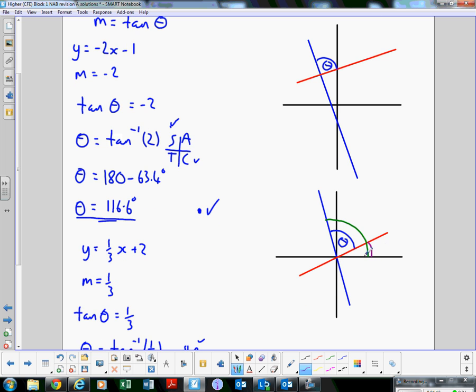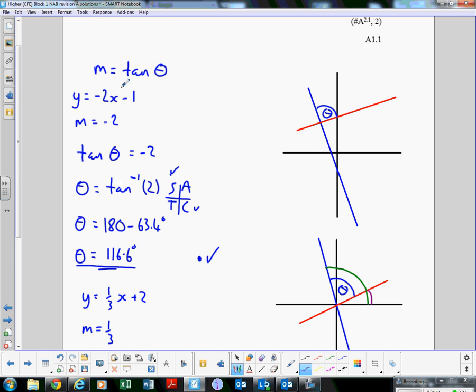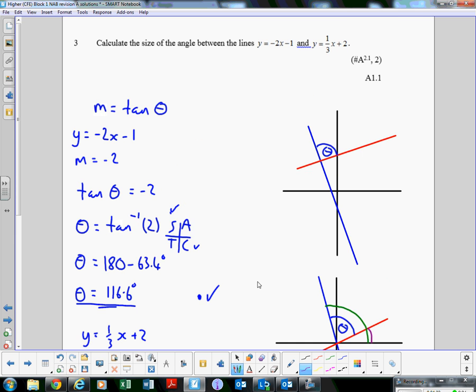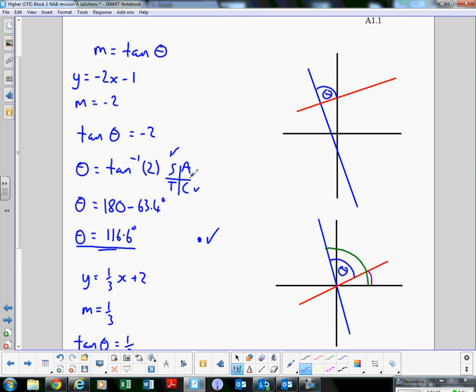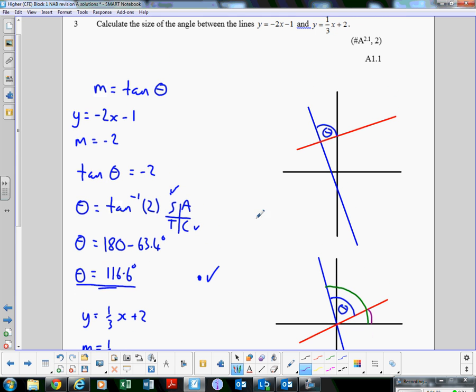So to get this angle here, we're going to use the fact that m equals tan theta, where theta is the angle between the line and the positive direction of the x-axis. So we have a gradient of -2, so tan theta equals -2. A little bit of ASTC practice here. So we ignore the negative sign. We do tan to the -1 of 2, which is 63.4 degrees.